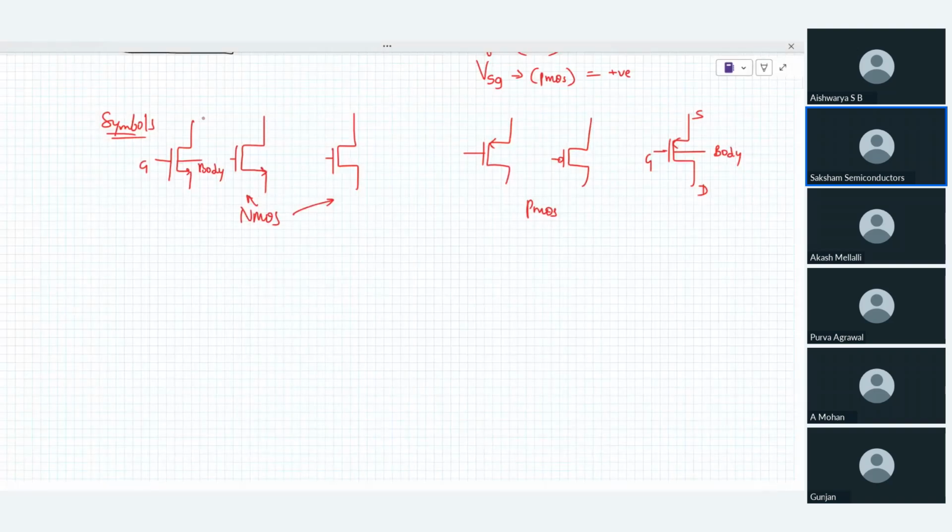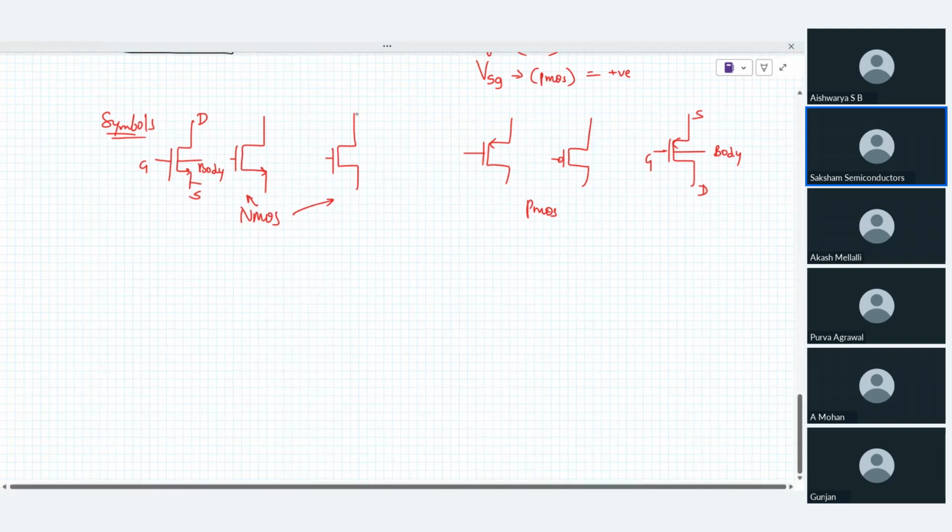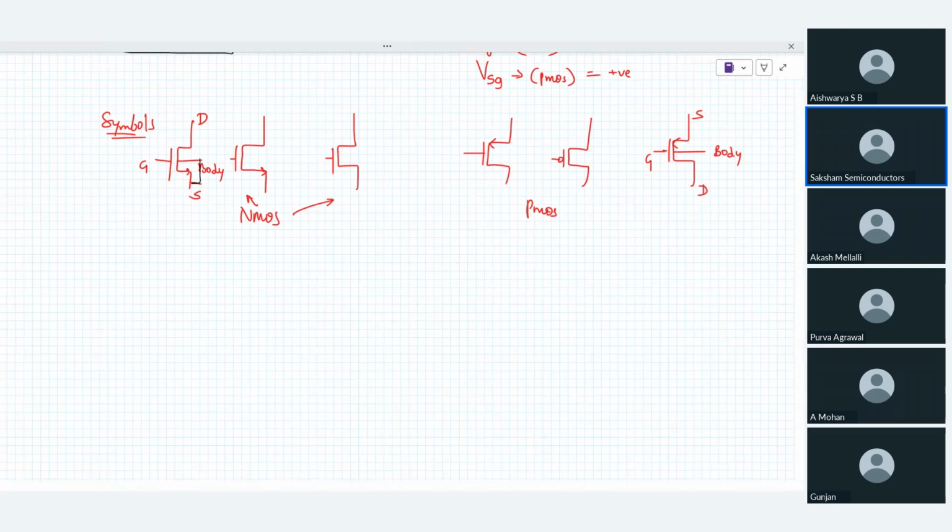There is a reason for that. So this body has to be connected to the source terminal for NMOS, and this body has to be connected to the source terminal again, because my source terminal is here for my PMOS.